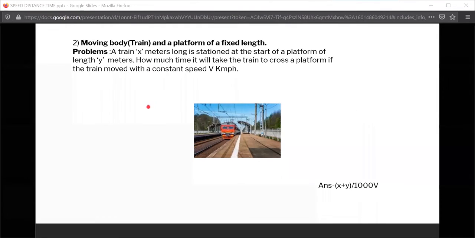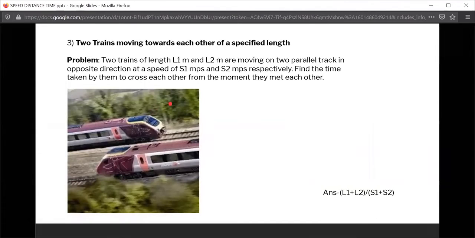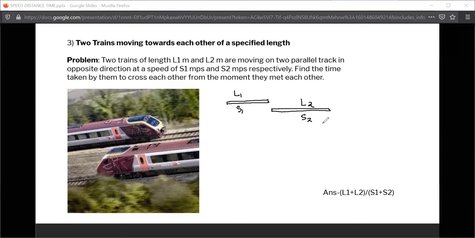Let's move to the next slide. Two trains moving towards each other of a specified length. What do we do in such a case? Two trains are coming. This is train 1, and this is train 2. The length of this is L1 meters, the length of this is L2 meters. The speed of this train is S1 mps, meter per second, and this is S2 mps.